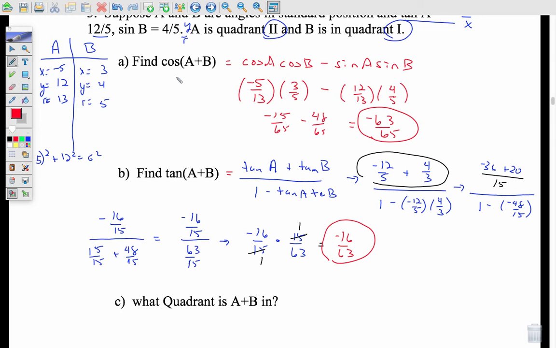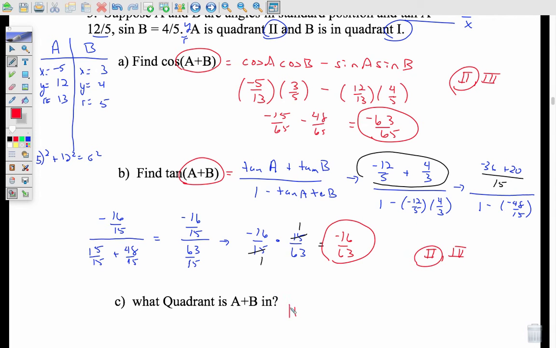Kind of a question that might require a little bit of thought. It wants to know what quadrant A plus B is in. Well, notice back here that we found the cosine of A plus B. It was negative, so cosine is negative in quadrants 2 and 3. Back here we found the tangent of A plus B. It is also negative, 16/63.